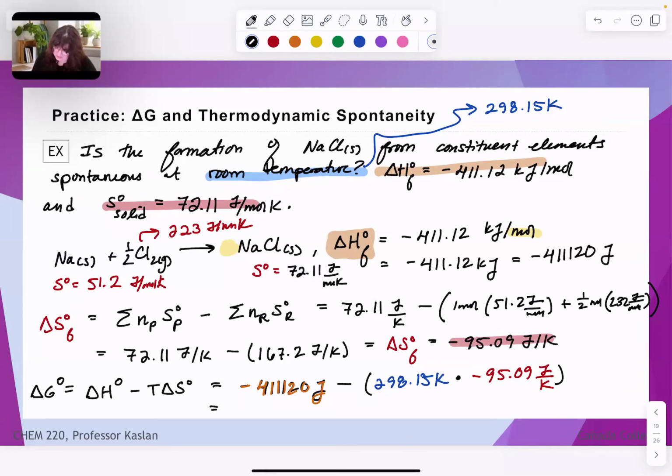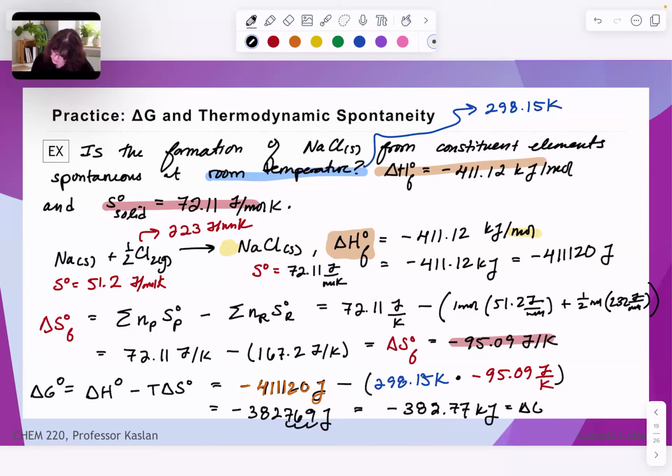And when I do this, I in fact see this is negative 382,776.9. I'm going to go ahead and round that up. And this is joules. So this means that we have a delta G equal to negative 382.77 kilojoules.